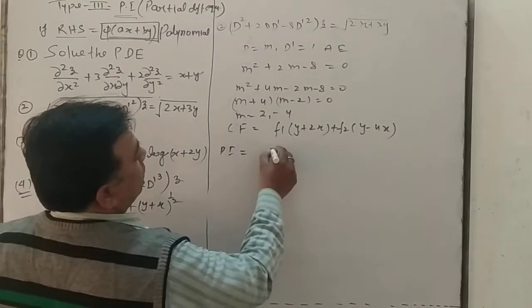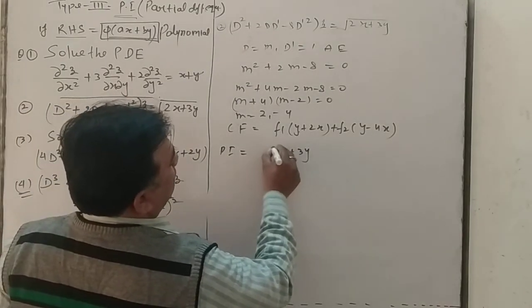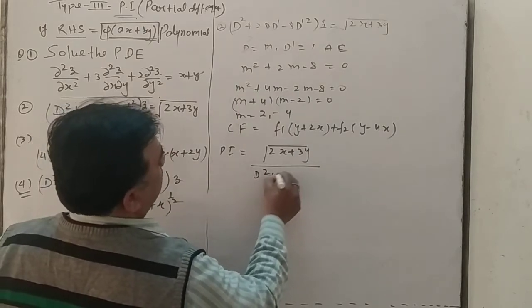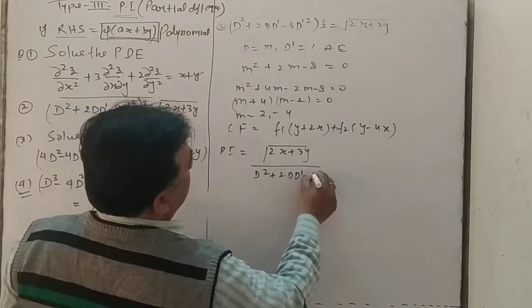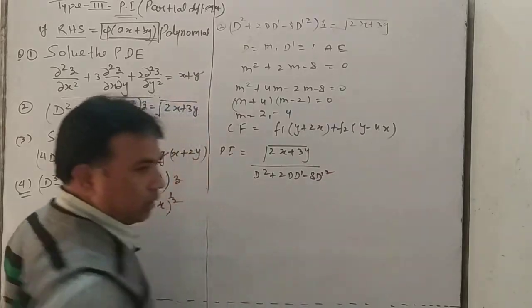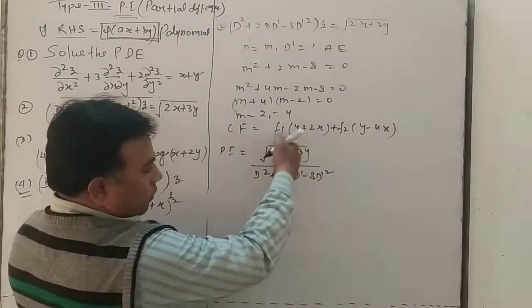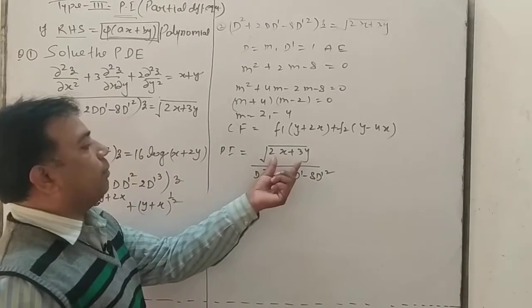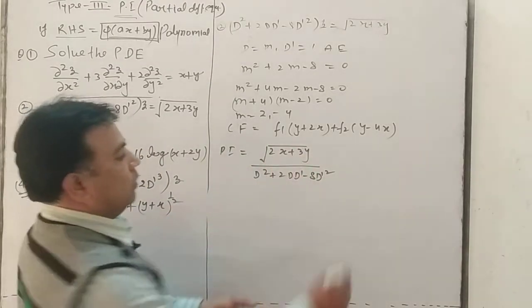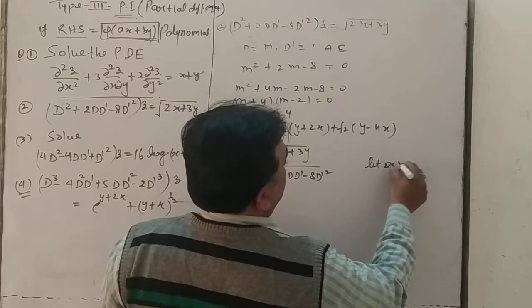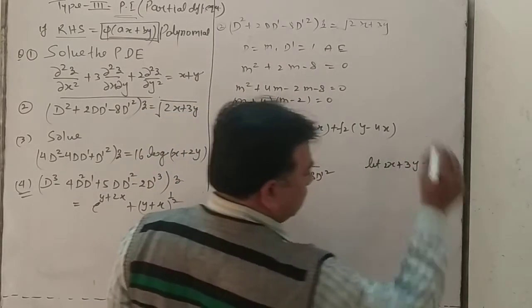PI equal to root of 2x plus 3y divided by the operator form D square plus 2D D dash minus 8D dash square. Again here you see this is the form of the polynomial but with power 1 by 2. Let 2x plus 3y equal to u.